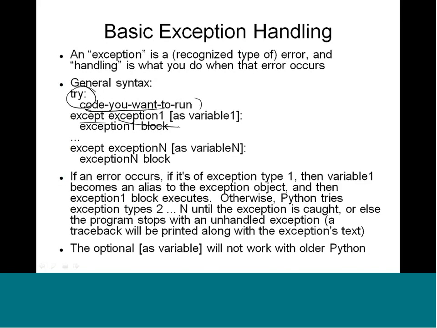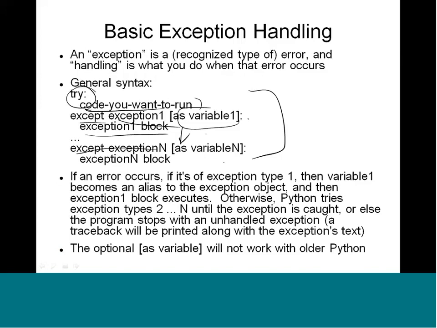So exception 1, and then if it is exception 1, what is the block of the code, then we do exception 2, and then what we do, and then all the way up to the last exception, which is exception n, and then we specify that as variable 1. So essentially, this is the general syntax of the exception handling.